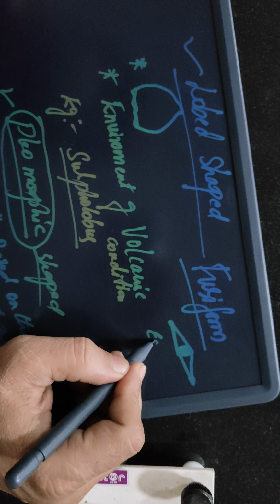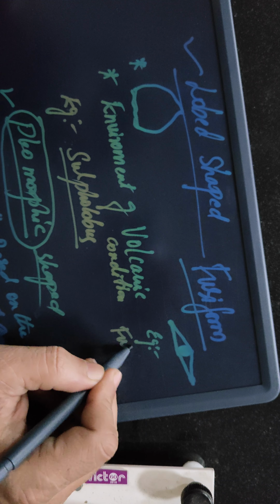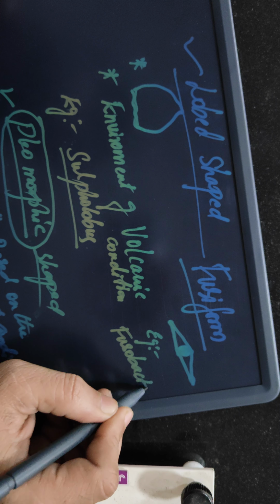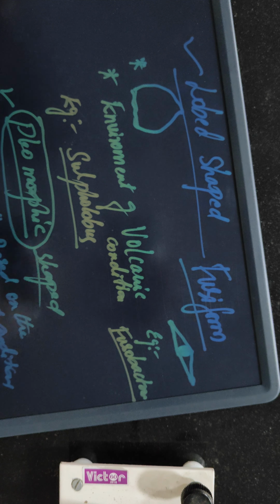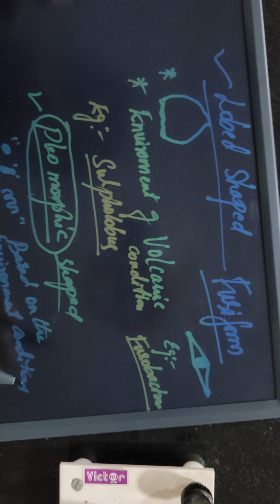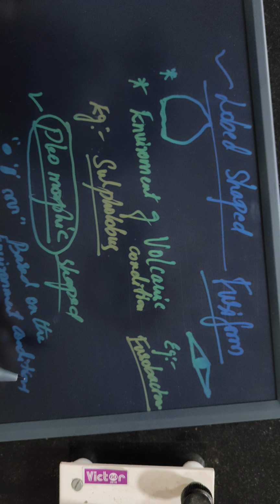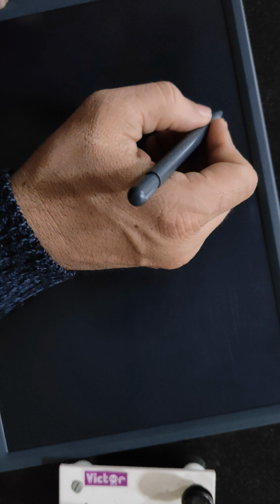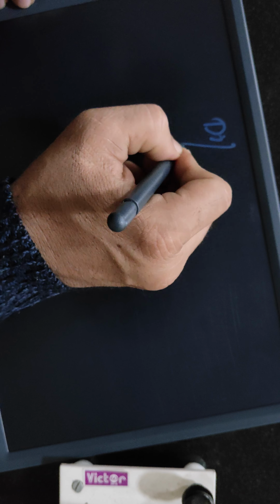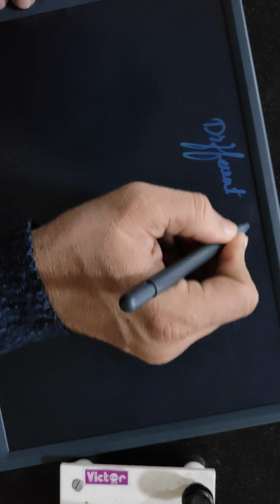Example for this, Fusobacterium. So these were some of the very commonly found species of bacteria with different shapes.